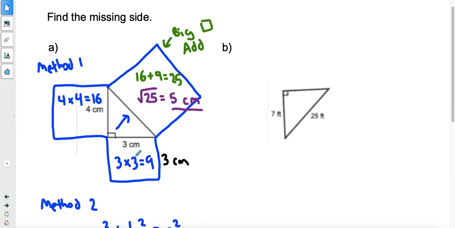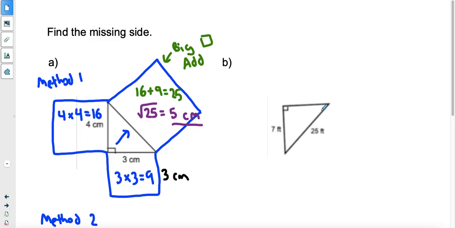Okay, let's take a look at one more example here, and I'll show you how to do it using both methods. So in the first method, what I did is I drew out a square on each side of my triangle.